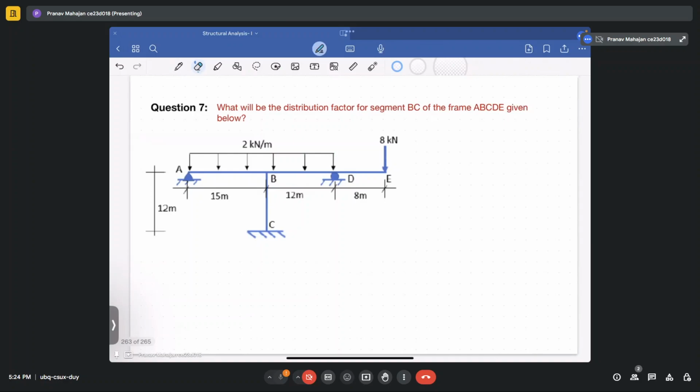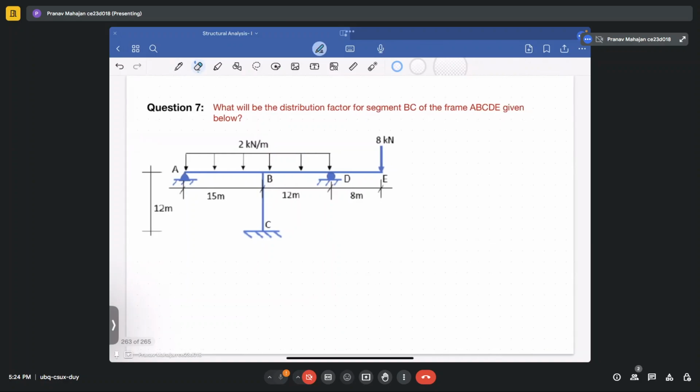So I will directly write the distribution factor, not for BC, for each and every span. So in this case, your DF for BA will come out to be 3 upon 13. Your DF for BD will be equal to DF for BC, and it would come out to be 5 by 13.